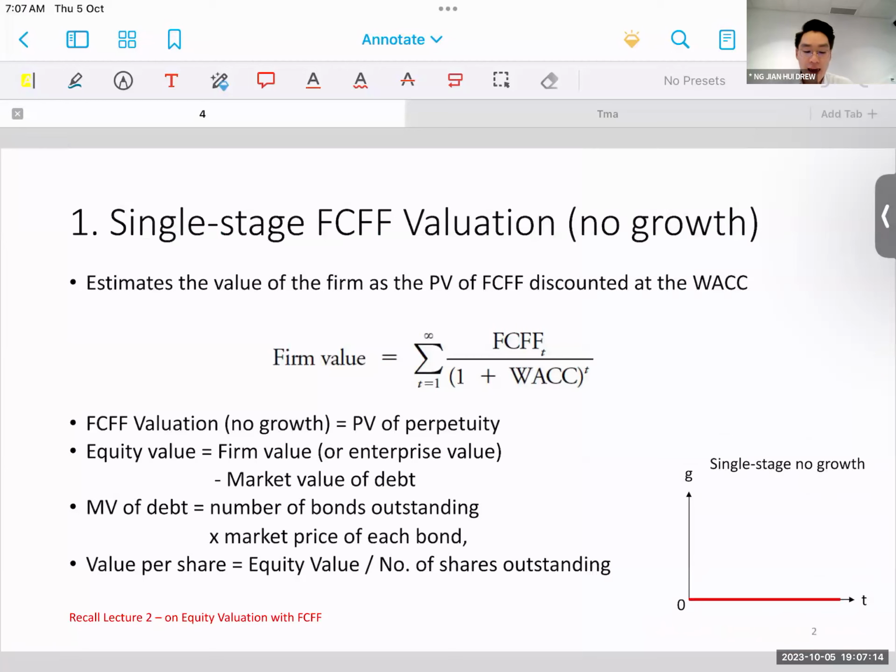For the FCFF, just a quick question. Anyone recall what's the difference between FCFF and FCFE? Yeah, okay. One is firm, one is equity.